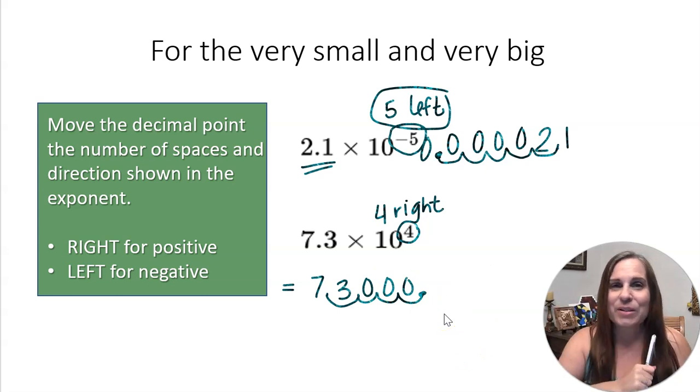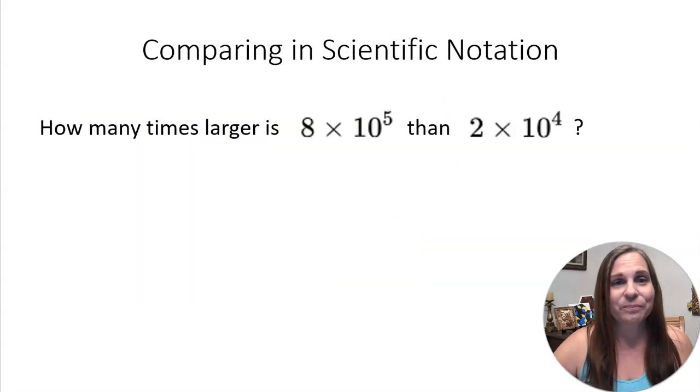Let's look at one more type of problem, and that would be comparing numbers in scientific notation. How many times larger is this than this, right? Think about what you do when you want to know how many times larger something is.